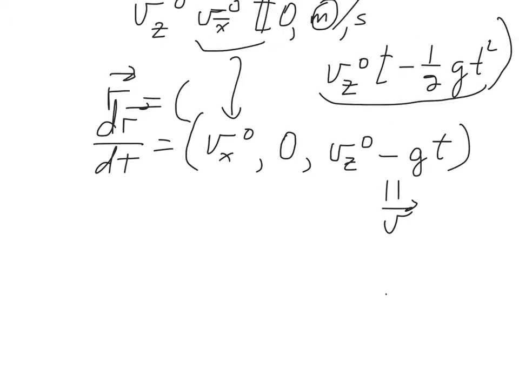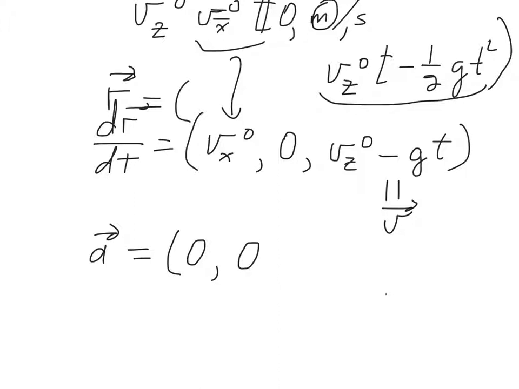Then acceleration is the derivative of the velocity. There are three components. The derivative of Vx0 is 0, because Vx0 is just a constant. The derivative of 0 is again 0.